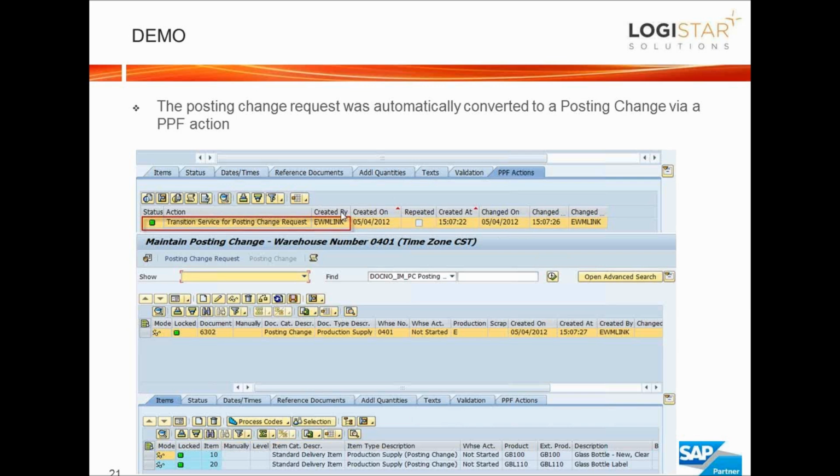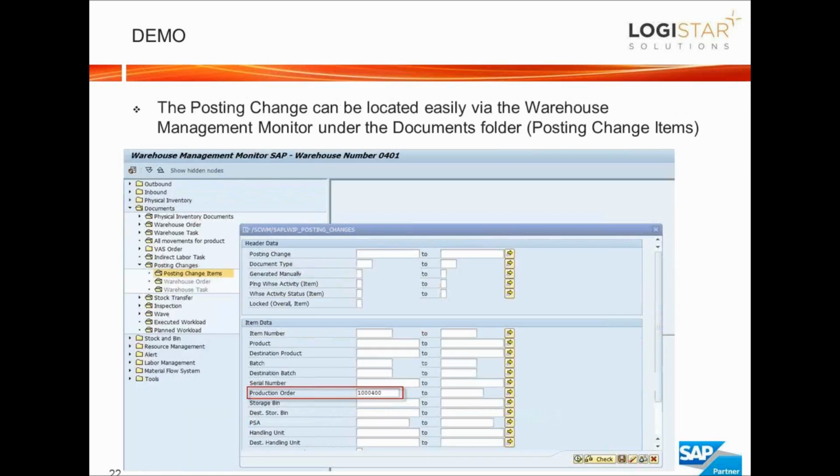So once that posting change request was converted to an actual posting change through this PPF, that's what you're seeing here on the bottom. Okay, so it looks identical still, but it's just a posting change. So what EWM did was just go ahead and assign it an internal document number to represent the posting change. But again, through reference documents, I can still see the chain of events, the whole history of what's happened here.